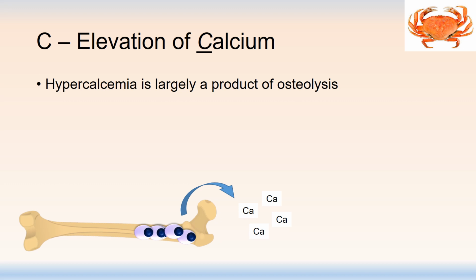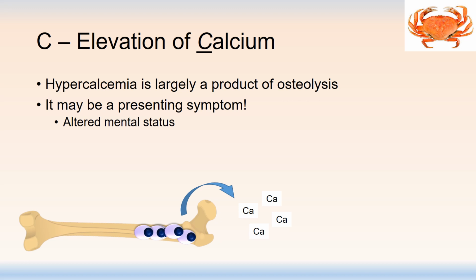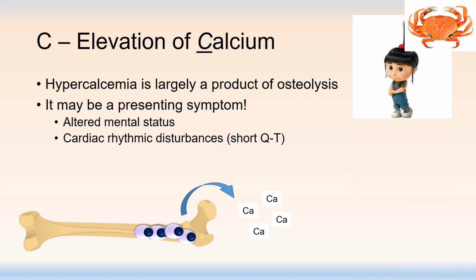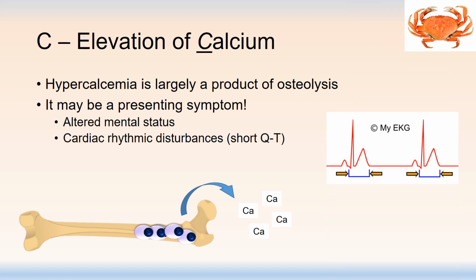Hypercalcemia is important to be aware of because it is potentially the way a patient with multiple myeloma will present with specific symptomatology. They can have dramatic changes, including altered mental status, cardiac rhythmic disturbances like short QT, not like this short QT, like this type of short QT on an electrocardiogram.